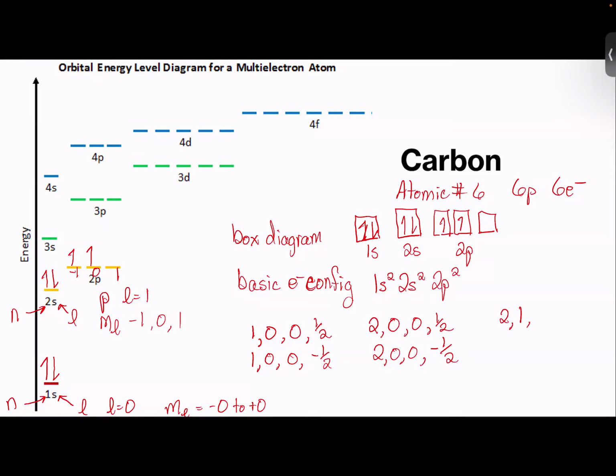So this one I would have said was a -1, spin up, +1/2. The second electron in the p subshell had to go in a different orbital. So if you put the first one in -1, then you've got to put the second one in a different M sub L value. And it also went in spin up. Questions?